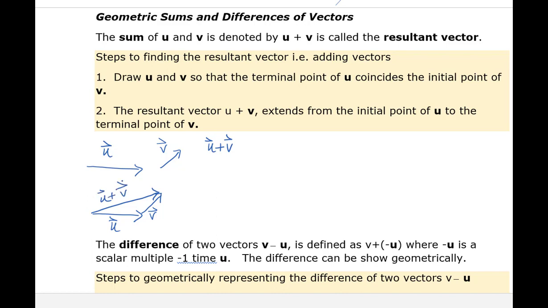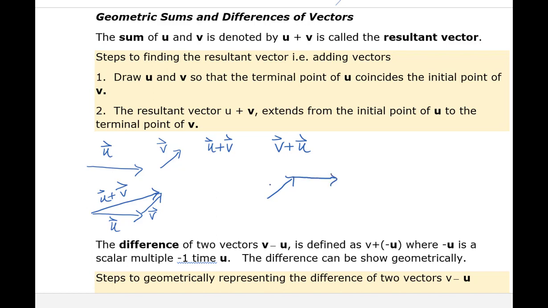Since addition is commutative, and this property holds true with vectors, if I wanted to add vector v plus vector u, I could do that by drawing v first and taking the initial side of u, starting at the terminal side of v.